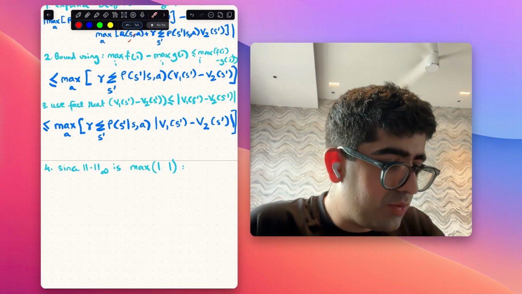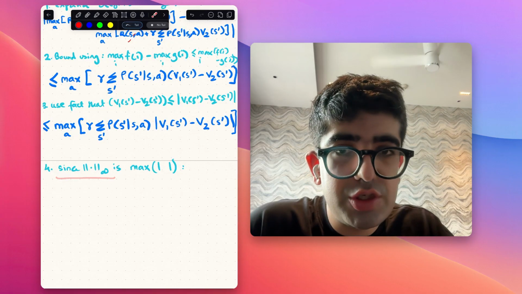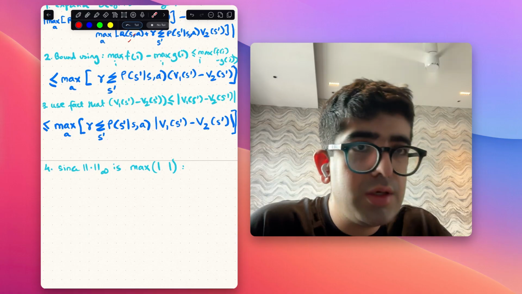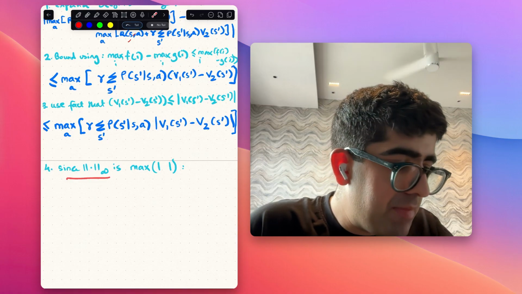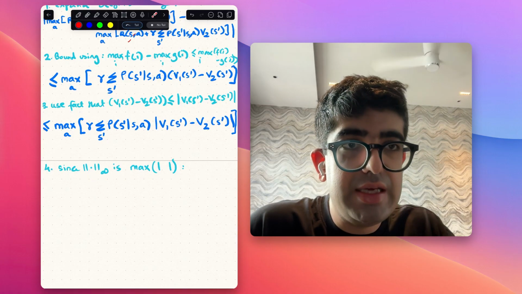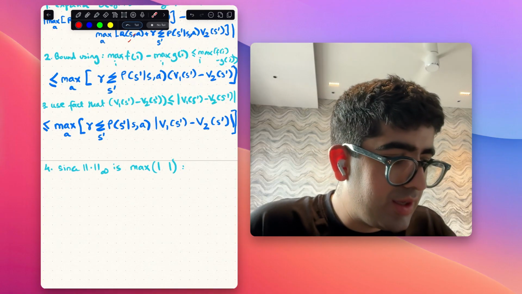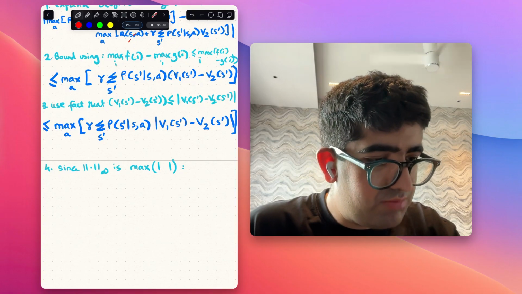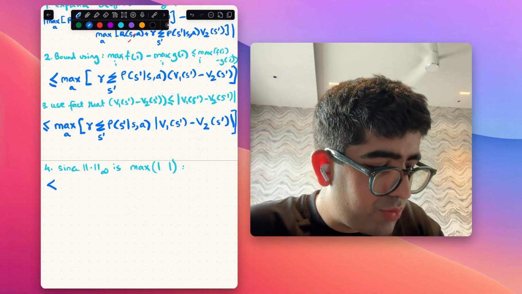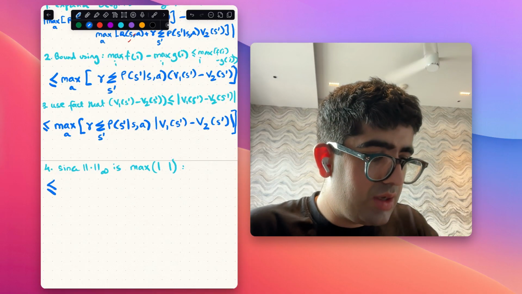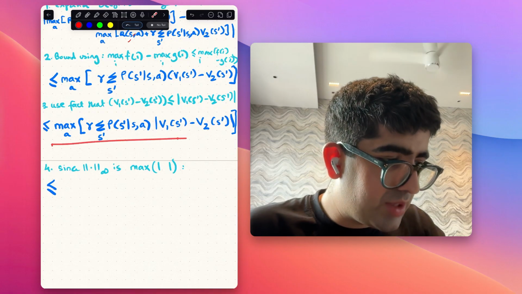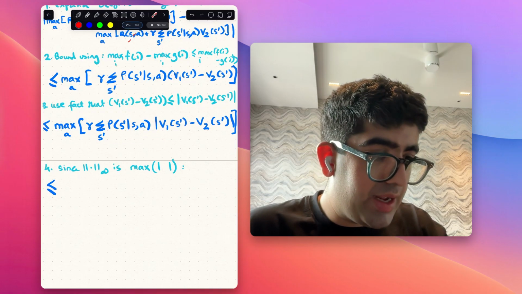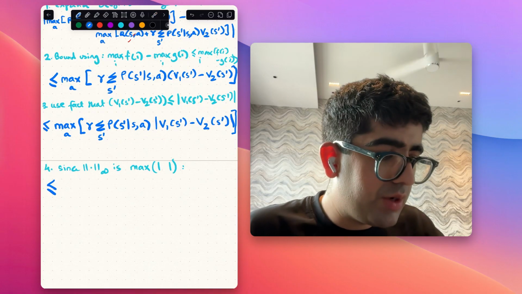And then next, we make use of the definition of the infinity norm, which is the maximum of the absolute value of a vector. This gives us a nice relationship where we can upper bound this expression by this new expression that we will be writing over here.